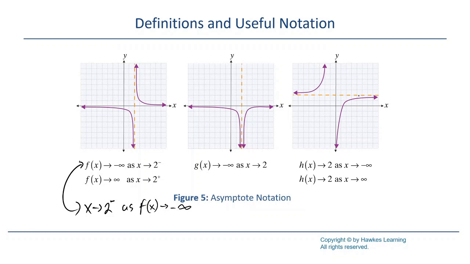This one is slightly different because this time h of x is approaching a number as x goes towards negative infinity. Here, as you keep going out to the right, it's going to approach this horizontal asymptote. So you're going to wind up at a point where it's just going towards a value versus just continuously growing and growing.